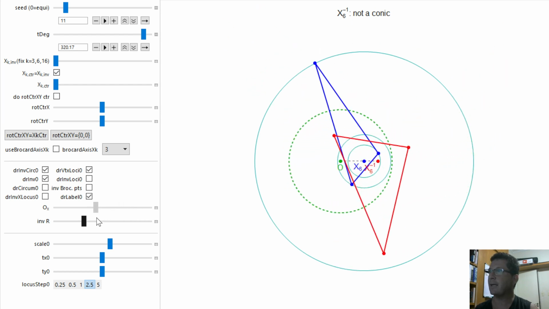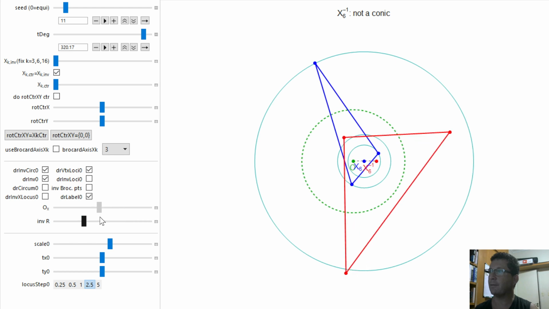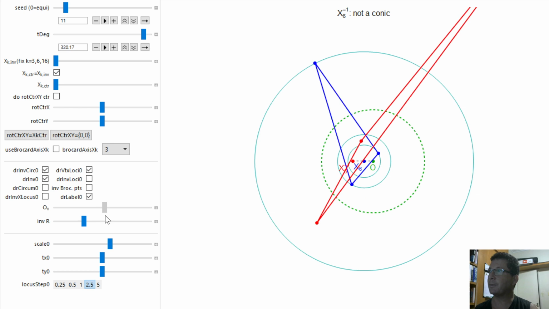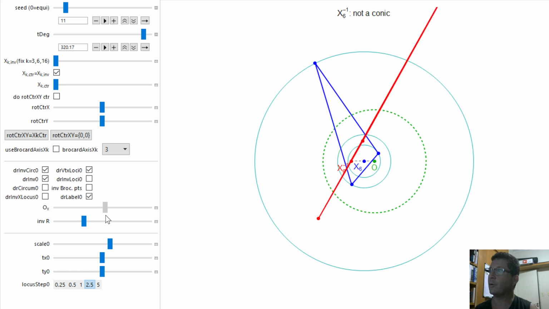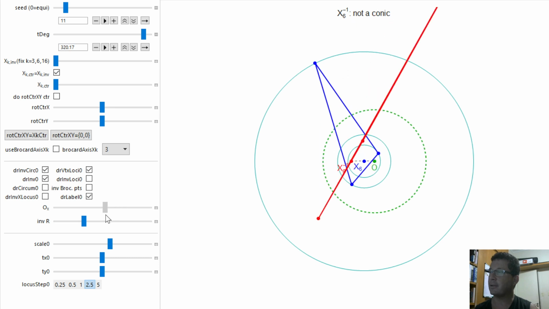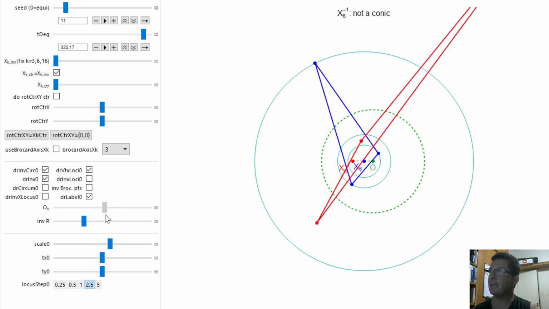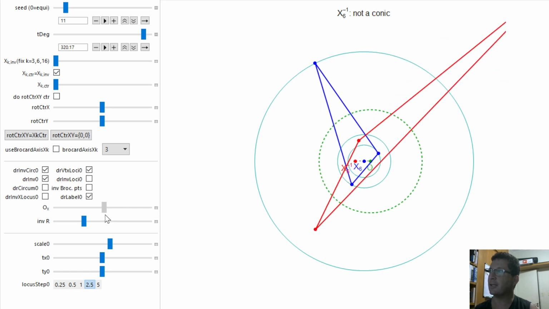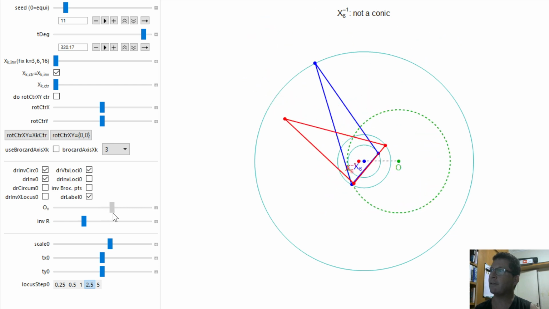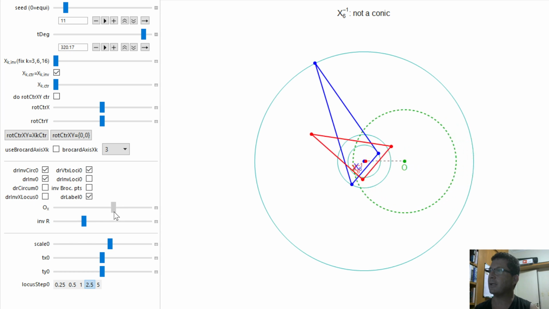You can see here that at some point, and this is going to be important for other phenomena we're going to cover later, there's a particular position for O where the red triangle undergoes what we call an eversion, okay? Meaning that the sort of larger side is going to cross over to the other side, okay? So that's called an eversion, but this is beyond the main topic here.